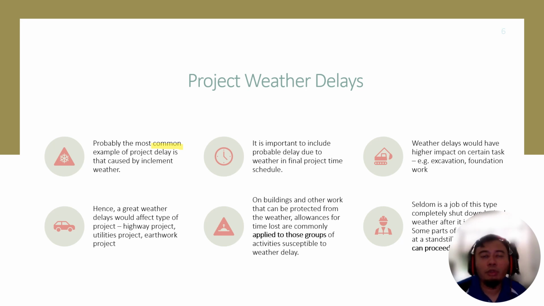Heavy rains won't affect you, there will be no flooding or need to pump out water, because you have already achieved superstructure level, so you can proceed with work without being affected by the weather.